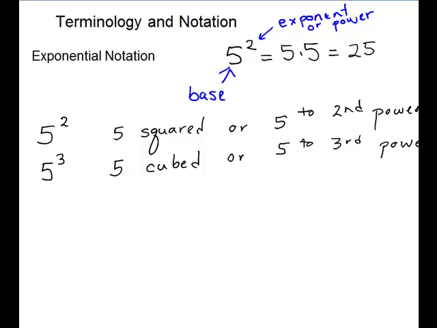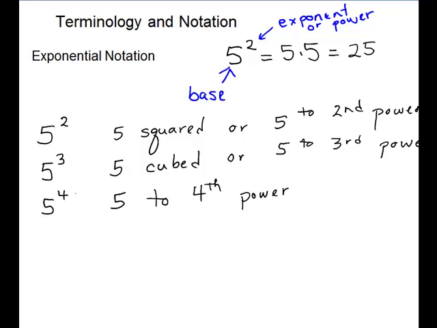After 3, we'll always just say to the power. So if we have 4 for an exponent, we would say 5 to the fourth power. And all of these would mean to take the exponent number of copies of the base.